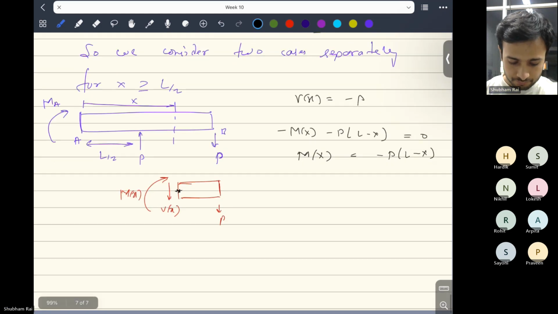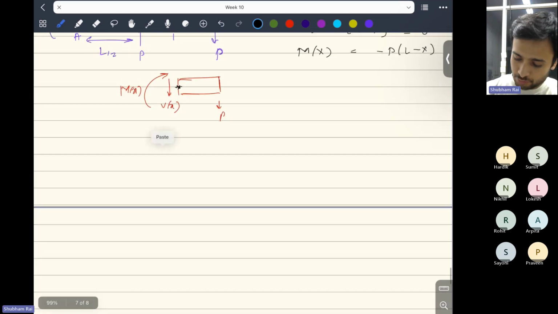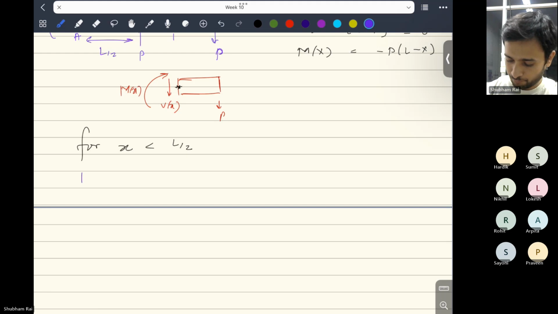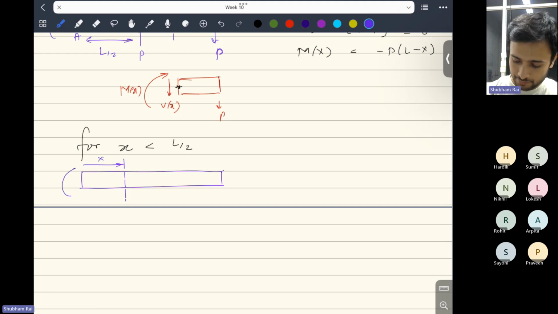So now for x less than L by 2, if we draw, that is x, and that is moment ma, and this is p, which is acting at a distance of L by 2, and this is p also acting here.